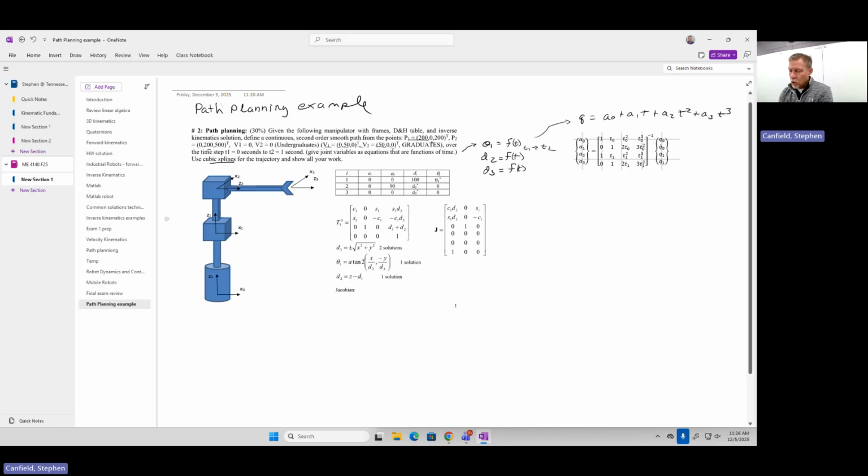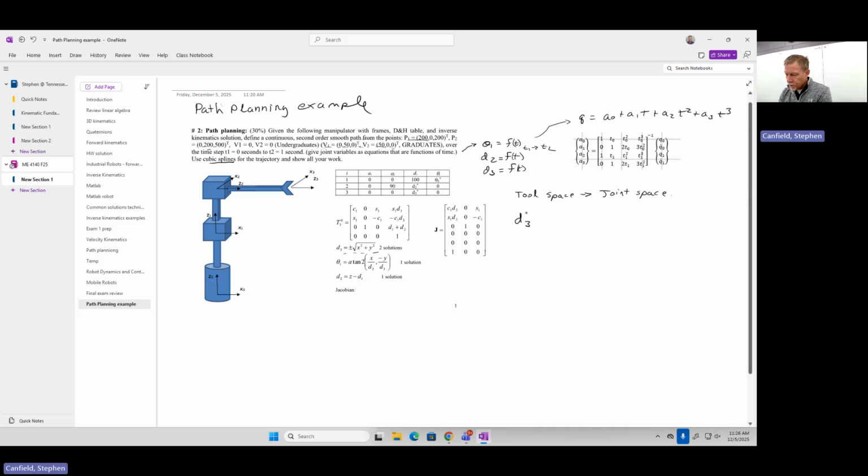I'm given the robot positions at time 1 and 2 in tool space. So my first job is to go from tool space to joint space. Let's do that for our 3 conditions. The first one, we'll start with D3.